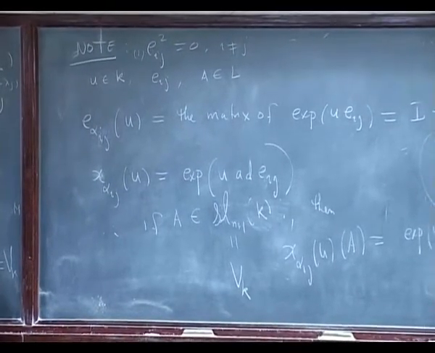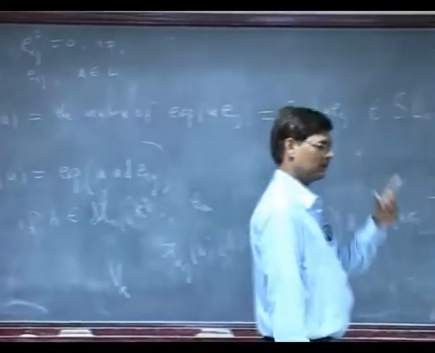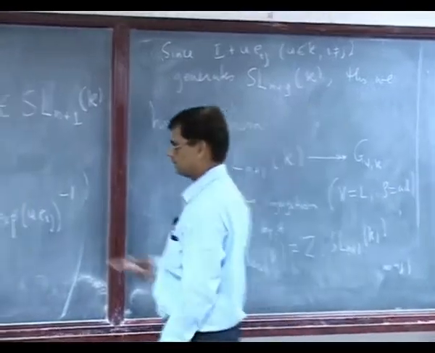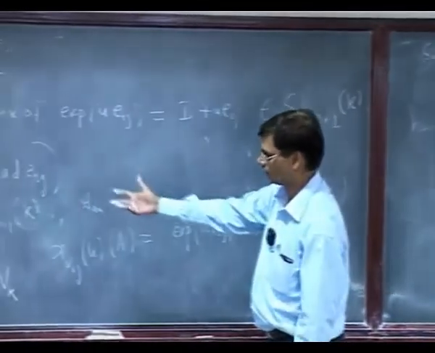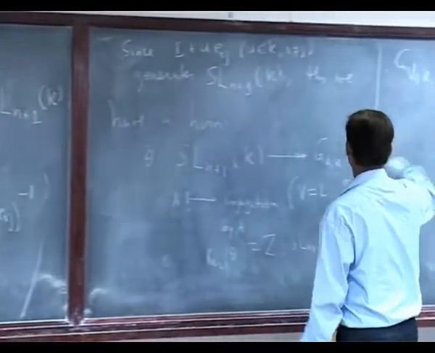V K is this vector space, and it is an automorphism of that vector space. In fact, it is a Lie algebra automorphism. So this is going to be exactly this.